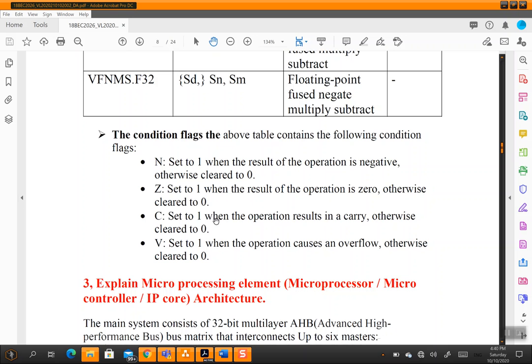C is set to 1 when the operation results in a carry, otherwise it's cleared to 0. So the flag C will be set to 1 when there is a carry, which might be during addition, multiplication, or any arithmetic operation. And the flag V will be set to 1 when the operation causes an overflow, otherwise it's cleared to 0. These are the conditional flags used in the instruction set of the selected microcontroller.